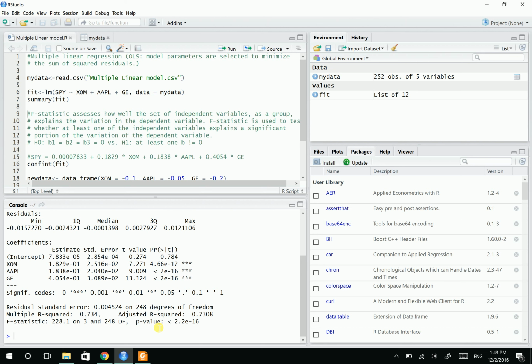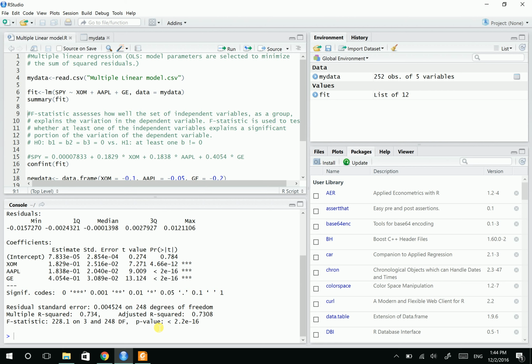The adjusted R square has adjusted for the number of variables. After adjusting, you can compare the R square between a single regression and multiple regressions, and between a regression with two independent variables and a regression with 100 independent variables.